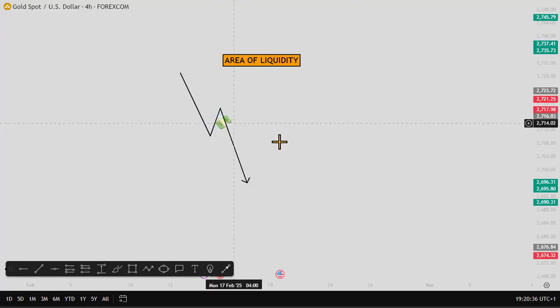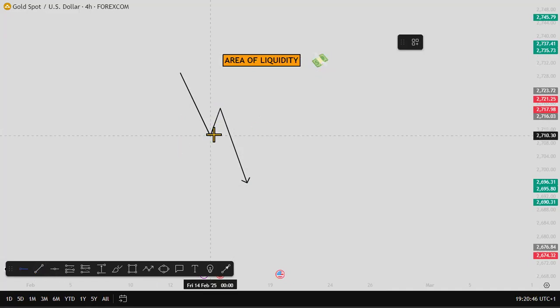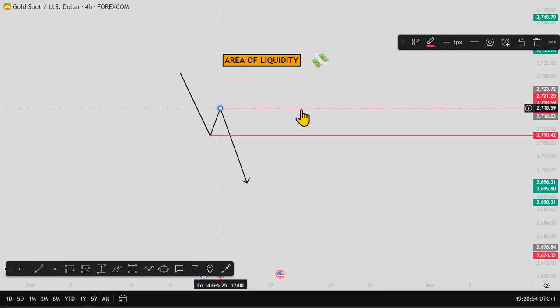Now, how do we mark this area of liquidity? We mark it by simply using a horizontal line from the point at which it shifted from the initial trend to the high. This region right here is my area of liquidity.